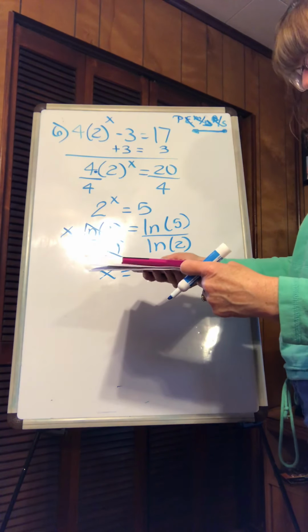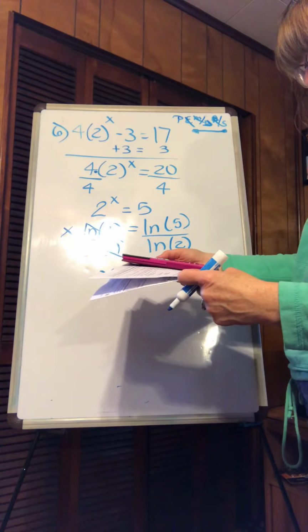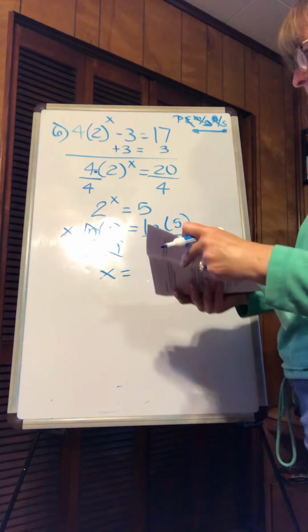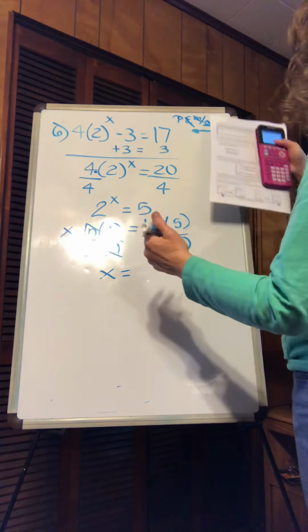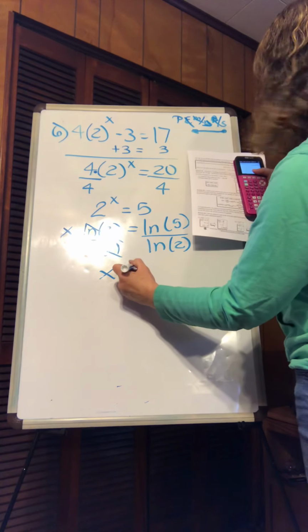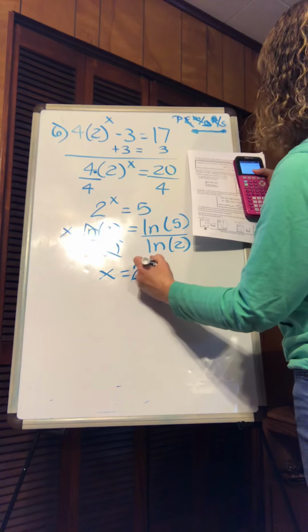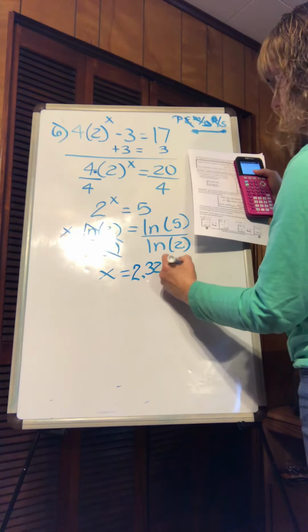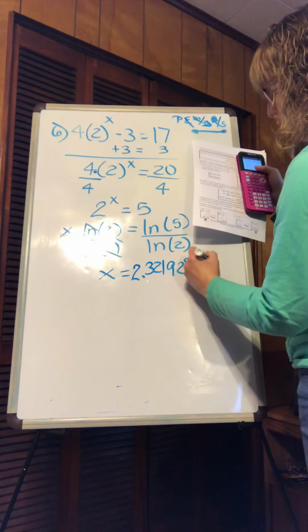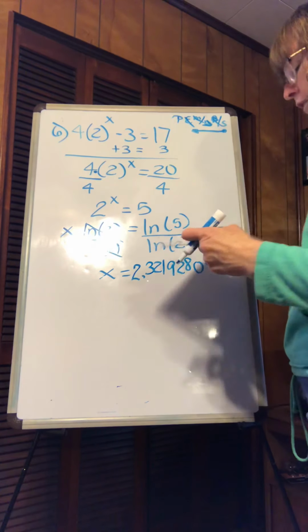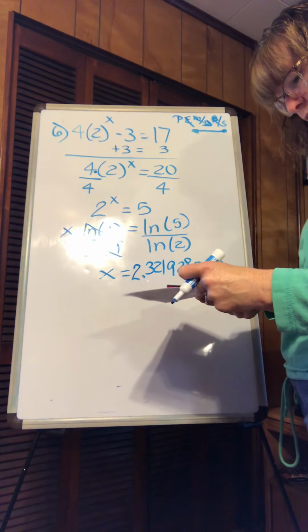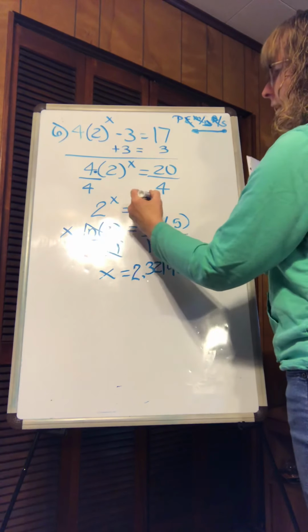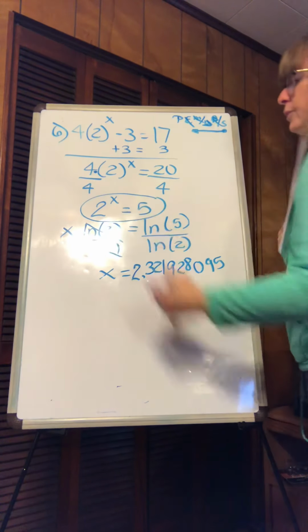They didn't tell me how to round. Well, if they don't tell me how to round, my only option is to write the answer. 2.3219280095.